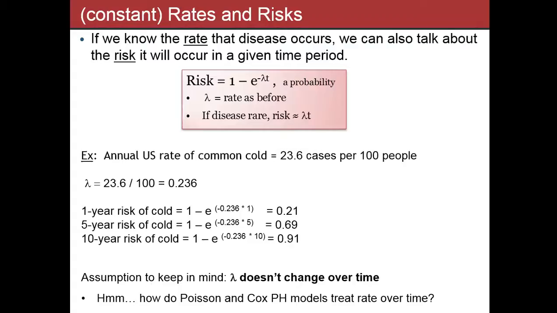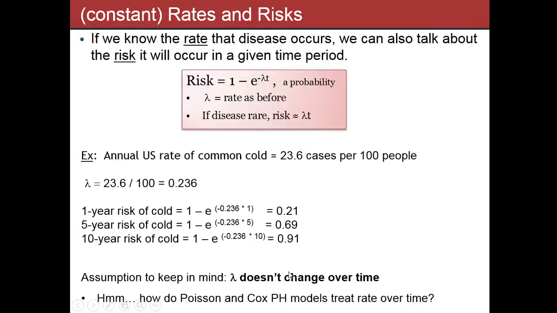It's like an intercept, actually. I'm not sure if it was presented that way, but it's like the intercept. It's this base rate of disease in your study when you're doing the Cox model. This h naught of t function is a time-dependent function, and it lets the rate change over time. So the Cox model allows the rate to change over time.